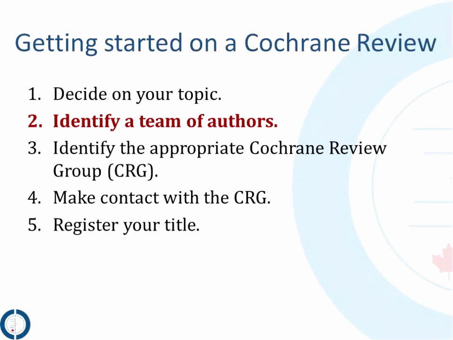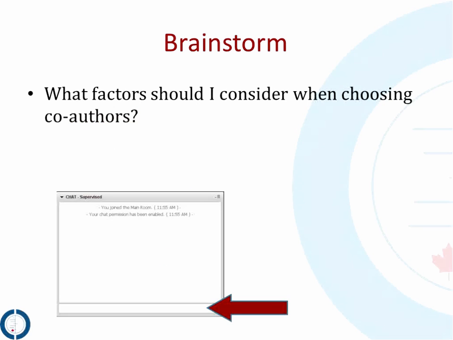So once you've decided upon a topic, the next step is to identify a team of authors. So let's take a moment and do some brainstorming. What kind of factors should I consider when choosing co-authors? Let's enter some ideas in the chat room.